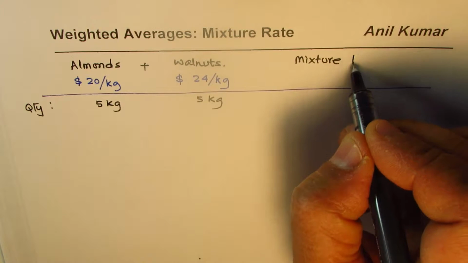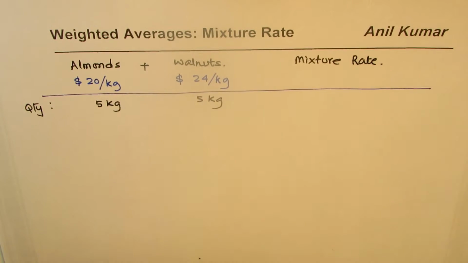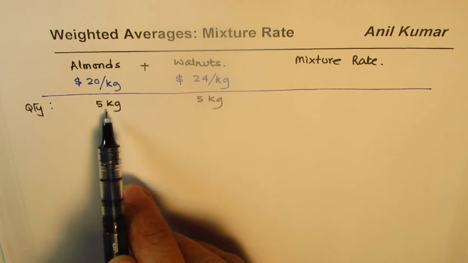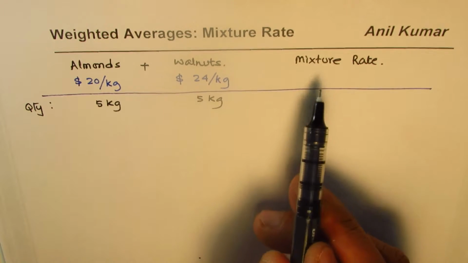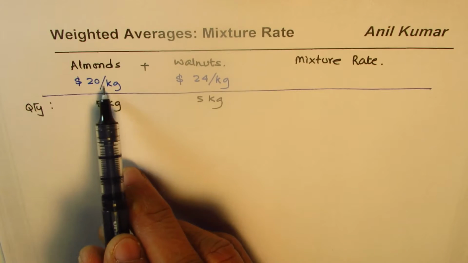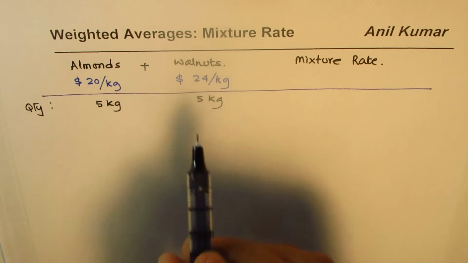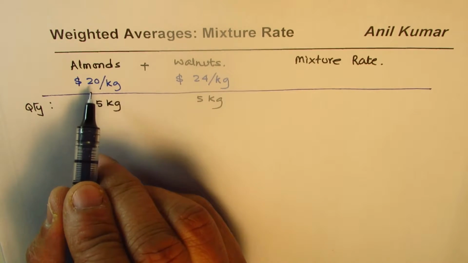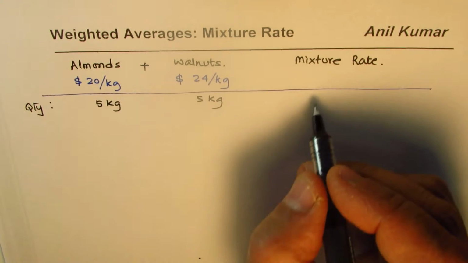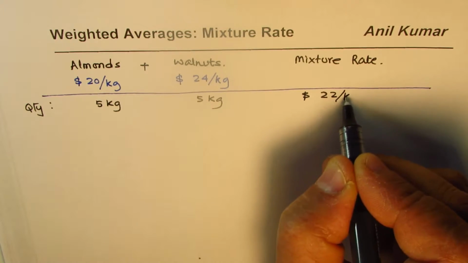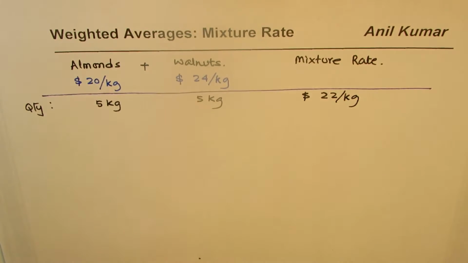So we'll find the mixture rate. Since the quantities are the same, the average of these two should be 20 plus 24 divided by 2. We expect the mean value of these two, $22 per kg.